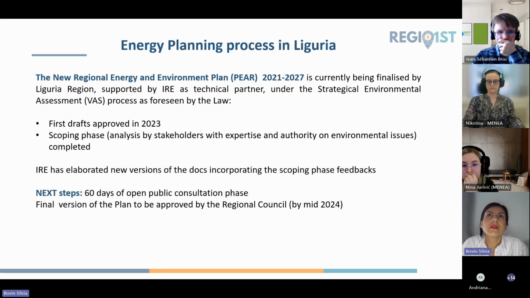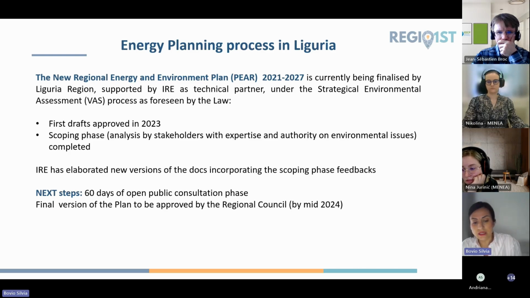And now the new regional energy and environmental plan is under the strategic environmental assessment that is called VAS. That is a process that is foreseen by the law in Italy. We had some first drafts of the regional energy plan that were approved in 2023. We had the scoping phase in 2023.